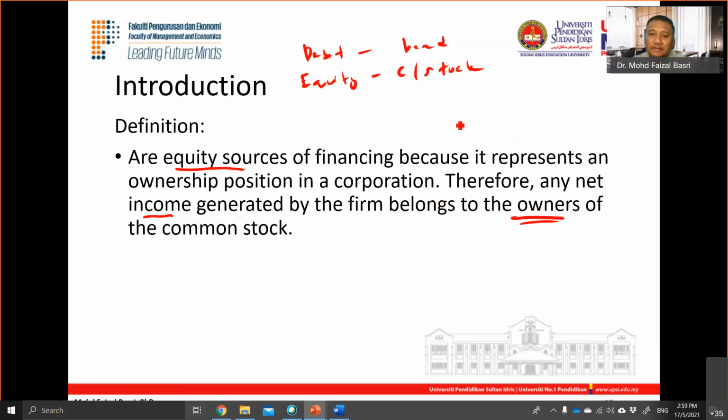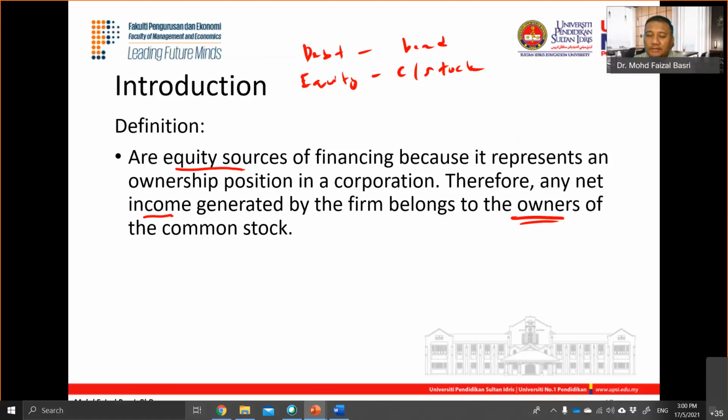So that's why, in terms of returns, common stockholders technically will not have fixed returns. They're going to have returns depending on the performance of the company. So their returns are not fixed, and they might have higher returns if the company performs very well, and they might not receive any dividend at all if the company performs badly that year.